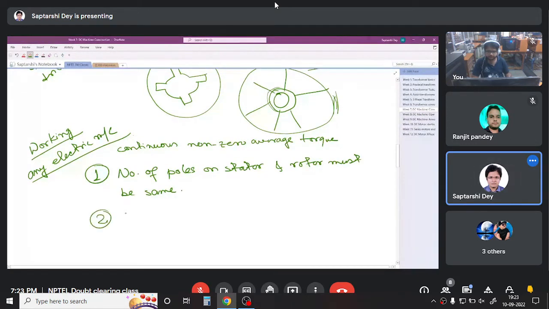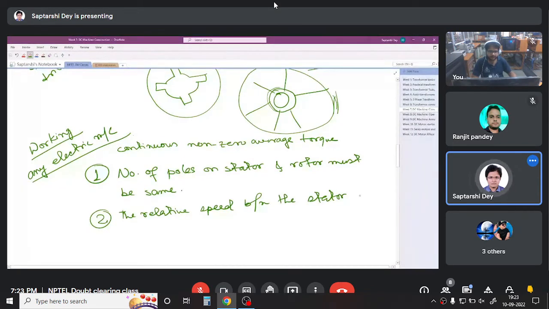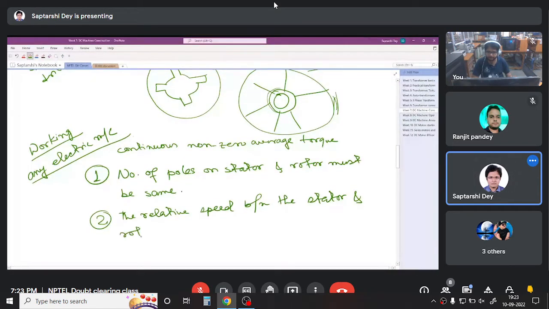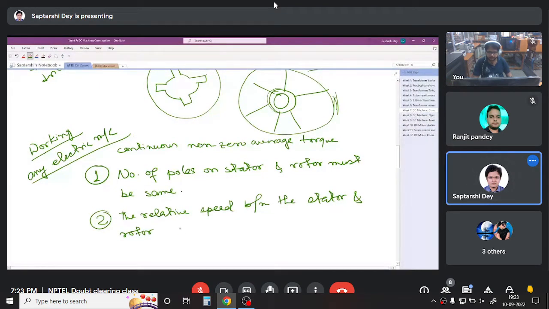Secondly, the relative speed between the stator and rotor magnetic fields must be 0.